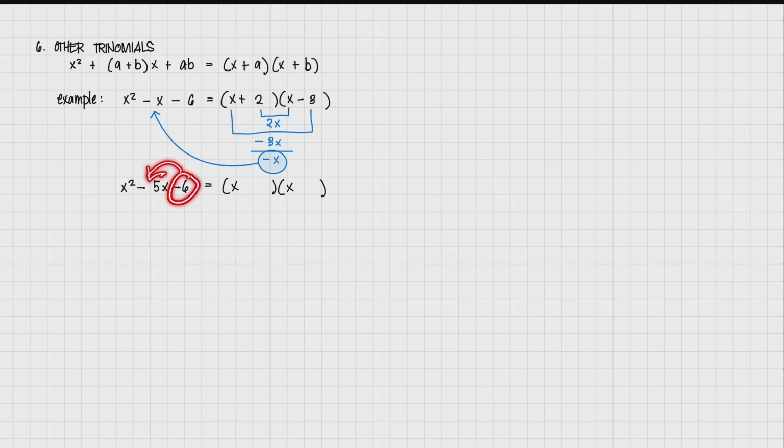I would hazard a bet that it is negative 6 and 1. So you have here negative 6 and positive 1. If we're going to check, you have negative 6x here and then positive x right here. If we sum this up, you'd get negative 5x, and it's the same as the middle term.